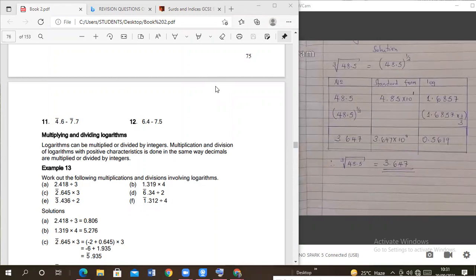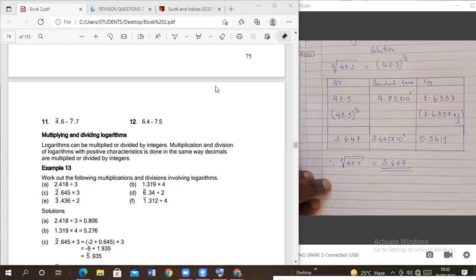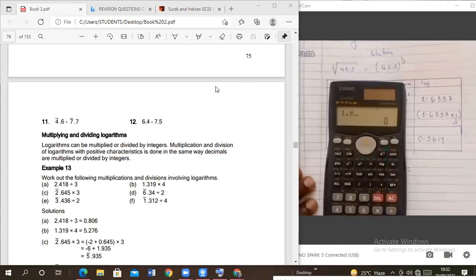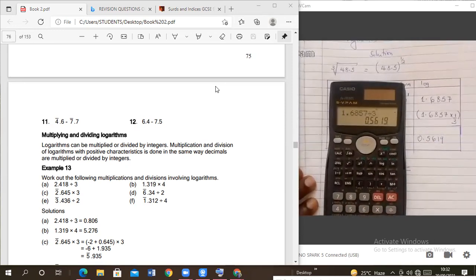If the characteristic is negative, I will show you how to work with it.